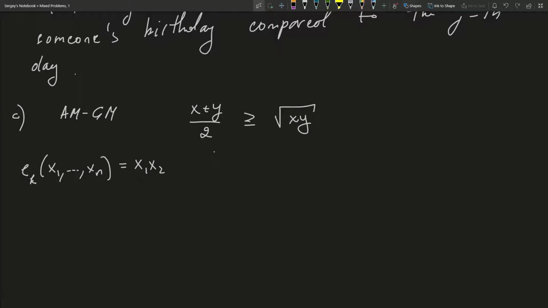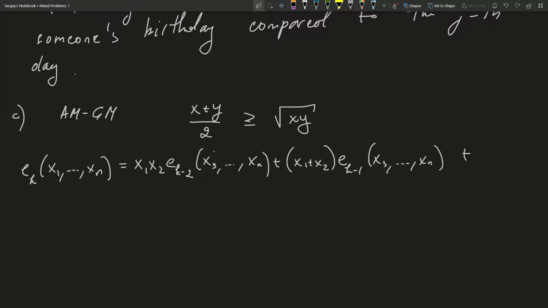So x1 times x2 times the (k minus 2)th elementary symmetric polynomial in the values from x3 up to xn, plus x1 plus x2 times the (k minus 1)th elementary symmetric polynomial in the values x3 to xn, plus the kth symmetric polynomial in the values x3 to xn. So we're going to use these two properties.